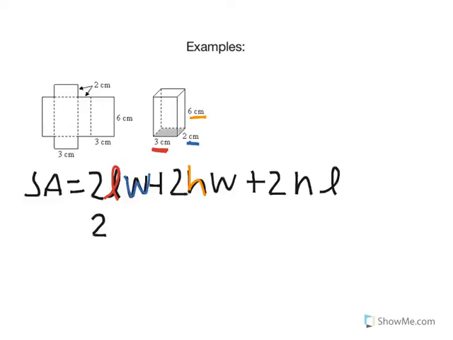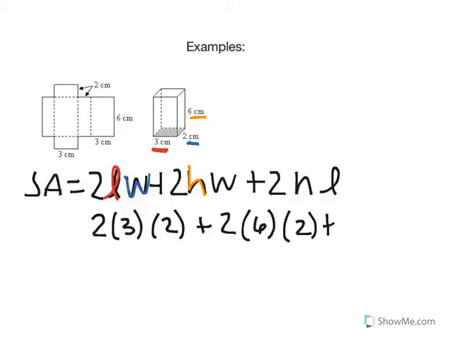Okay, so 2 times the length, which is 3, times the width, which is 2, plus 2 times the height, which is 6, times the width, which is 2, plus 2 times the height, which is 6, times the length, which is 3. And now we're going to multiply each section and add them together.